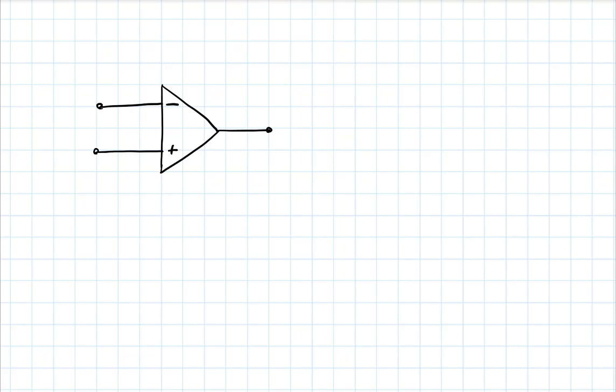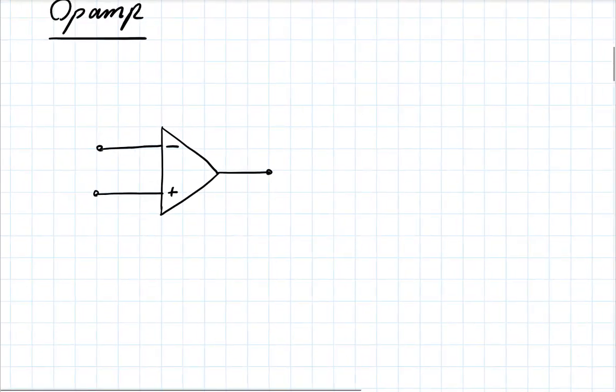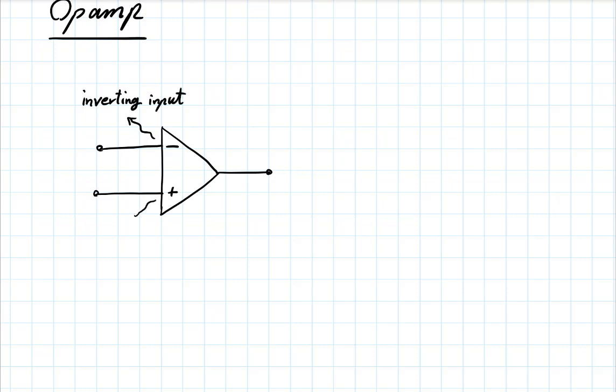So let's call this the inverting input. And the other one is called the non-inverting input.